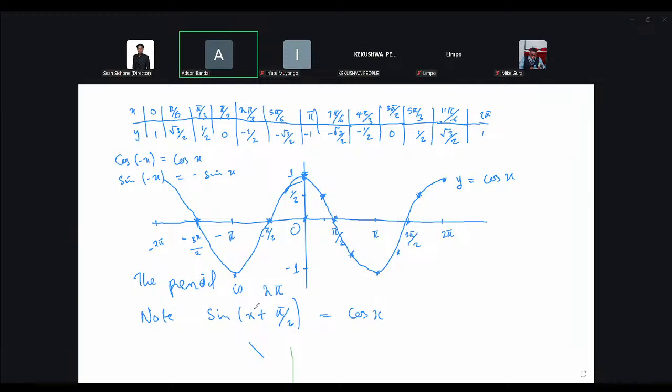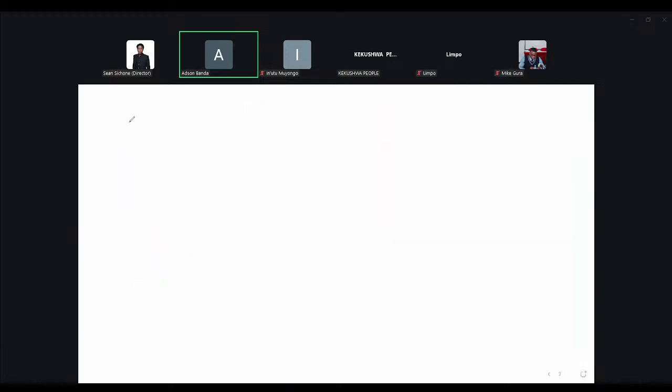Okay, so talking about the period, let me just give you the general definition of what a periodic function is. So let's call this function f.